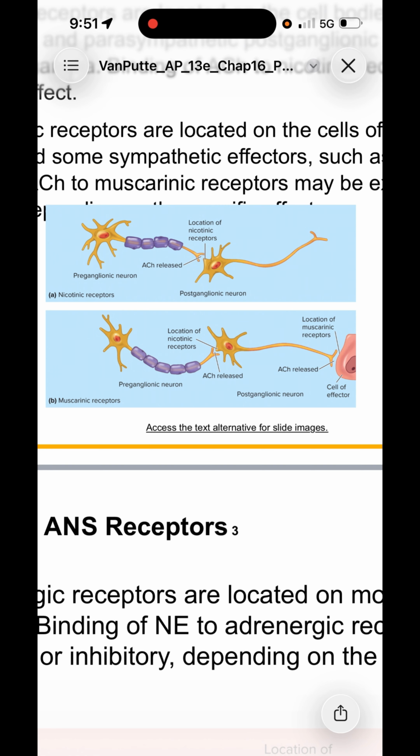B. Muscarinic receptors, preganglionic neuron. Location of nicotinic receptors, ACH released. Location of muscarinic receptors, ACH released. Postganglionic neuron. Cell of effector.